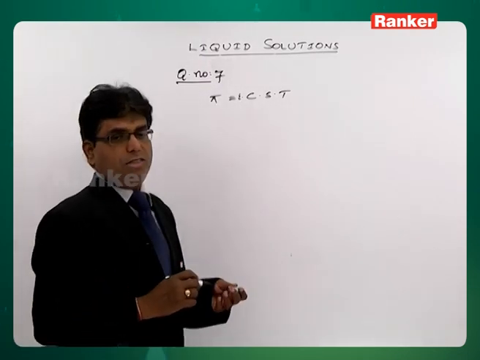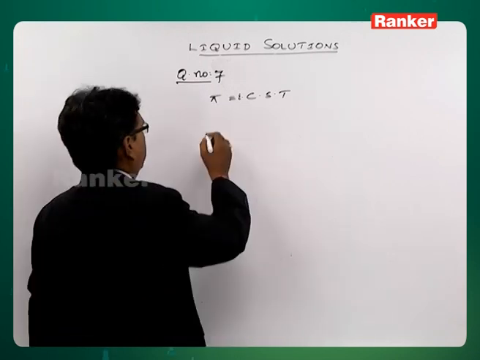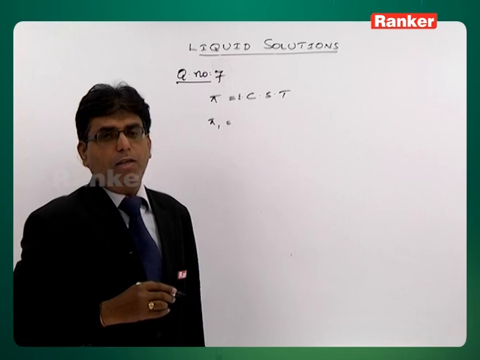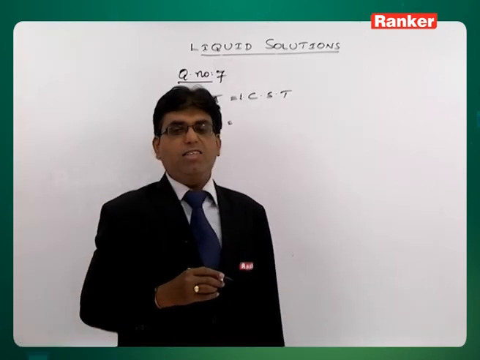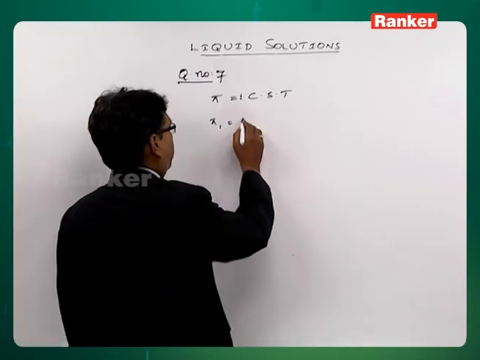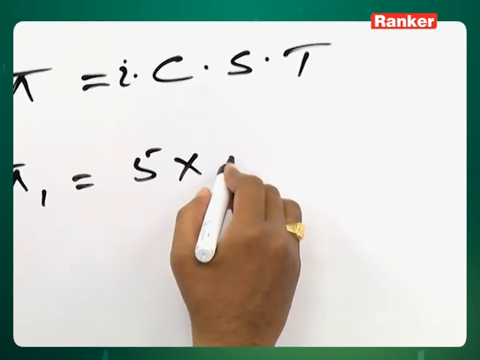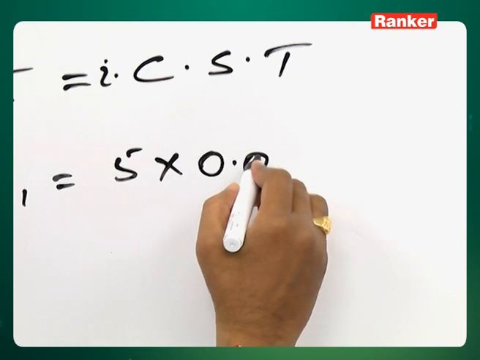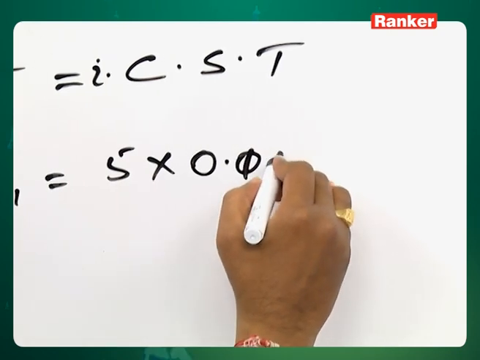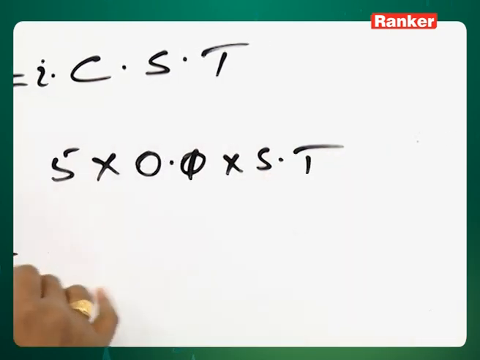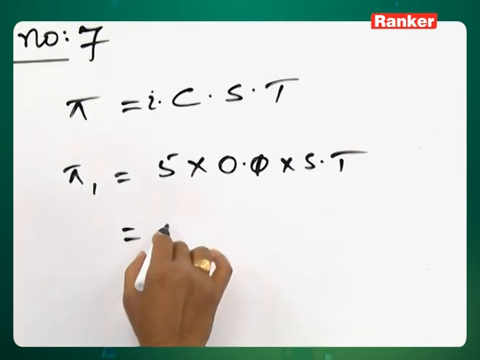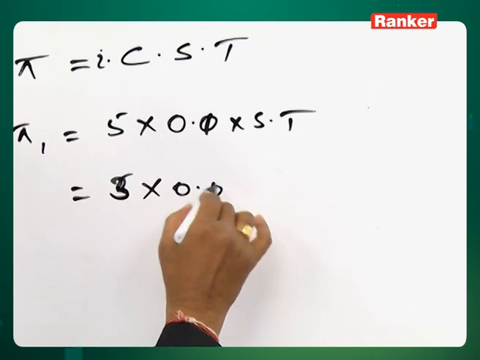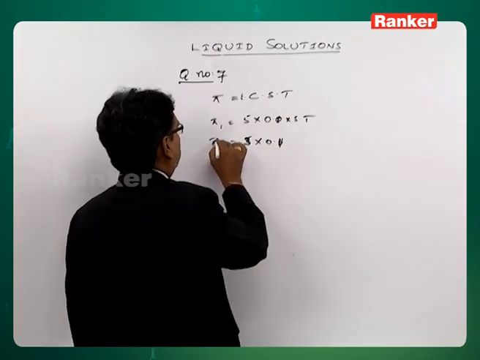Now, all these three, if you look at it, for the first one, pi 1 is equal to, for aluminum sulphate, as it is involving 2 cations and 3 anions, the total i factor is 5. 5 into concentration, which is of course the decimolar, that is 0.1 into S into T. Like this, for barium chloride, i is 3, into 0.1, and that is pi 2.